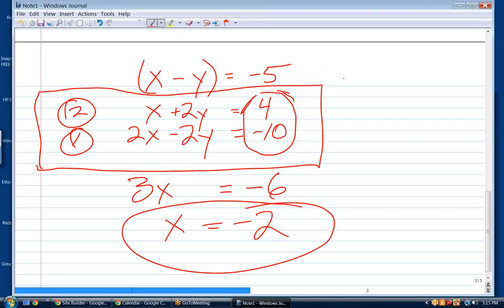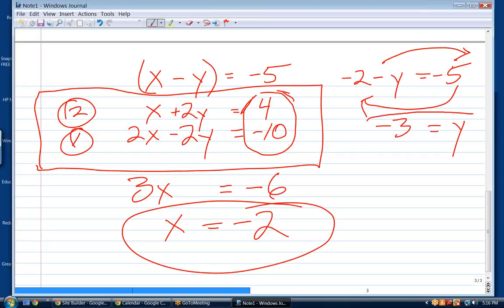Substitute minus 2 for x, so we have minus 2 minus y equals minus 5. Easiest thing for me to do is to move the y over and move the 5 over. So I'm going to end up with y over here. I'm going to add 5 to both sides, so that's my solution for y. So notice that, whoops, excuse me, that's positive 3. Did my algebra a little funky.